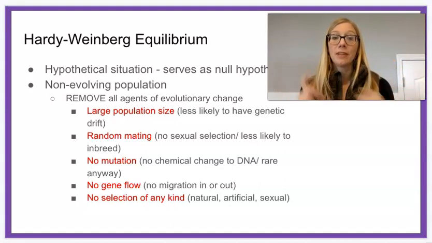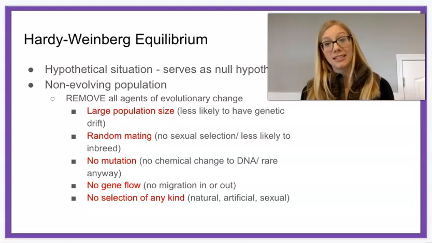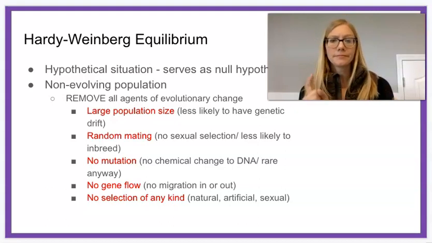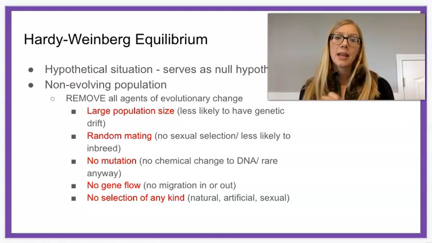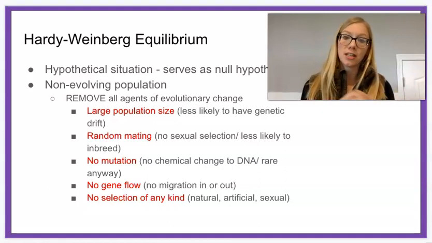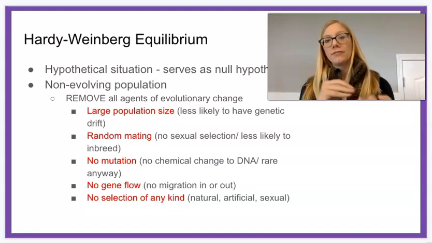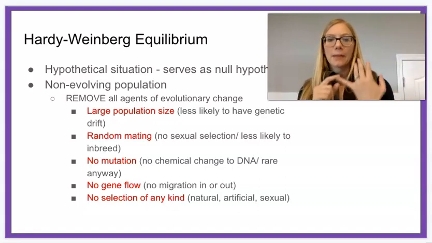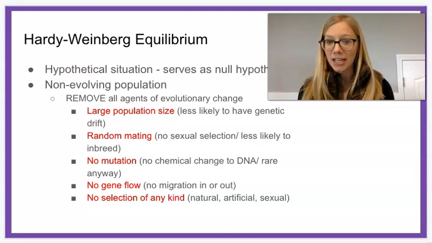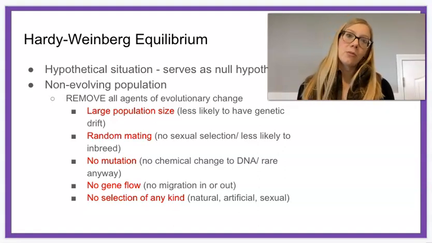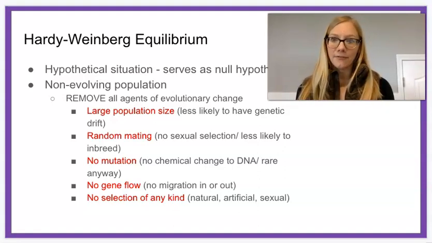We have to say we have a large population, so it's less likely to have genetic drift. We have to have random mating, meaning there's no sexual selection and you're less likely to inbreed in a population. We have to have no mutations that ever happen, right? No chemical change to your DNA. We know these are rare, right? But to have none ever is pretty unlikely.